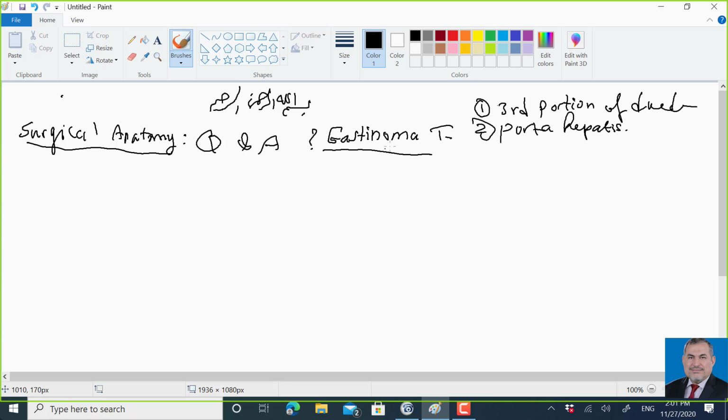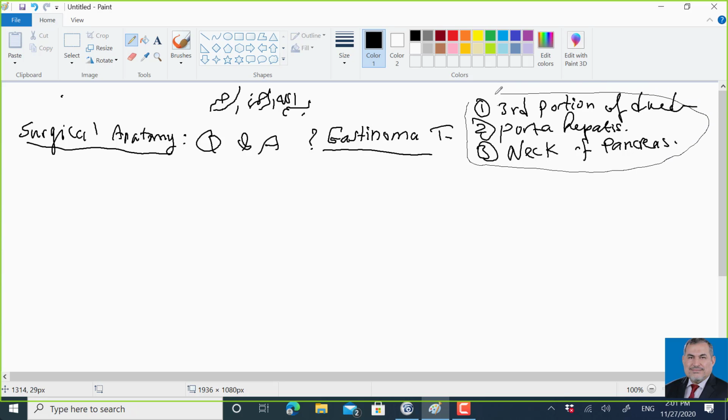Third: neck of pancreas. These are the boundaries of gastrinoma triangle.